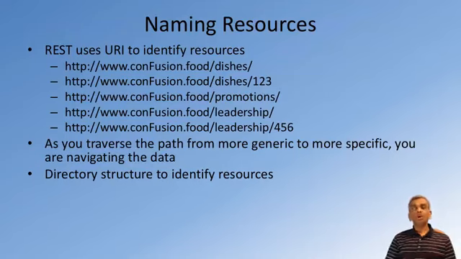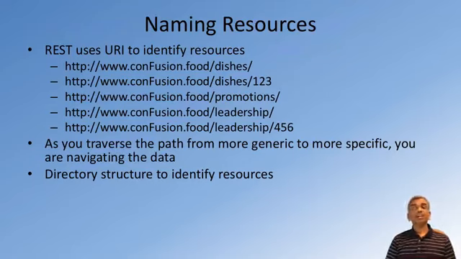An example of how you name resources is illustrated here. So we use URIs to identify resources. A quick reading of the URIs here will easily enable you to understand what we are referring to by using these URIs. So for example, something which ends with dishes/ you automatically assume that this is referring to a collection of dishes.